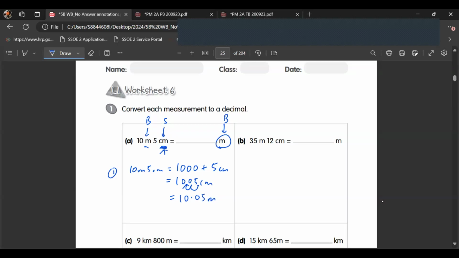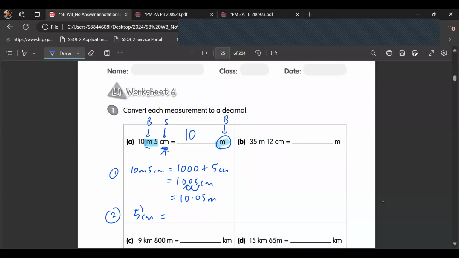Alternatively, which I feel is a shortcut method. The shortcut method is I leave 10 as it is, the bigger unit, because it's already at the bigger unit. Method 2 is my preferred method because I feel like it's a shortcut. So I leave meters by itself. I look at the smaller unit. The smaller unit is 5 centimeter. Then I just convert the 5 centimeter, 1, 2.